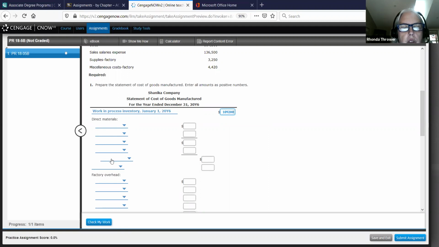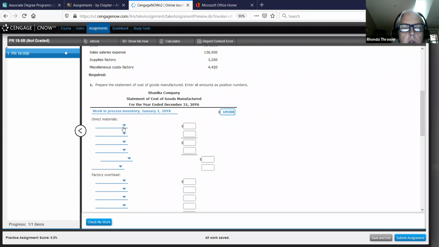The next section, this part right here, is going to help you to determine what you have used as far as materials are concerned. The ending part of the materials used is going to go in this middle column, the first block here. But to get to that, we have to go through the steps to find what the direct materials used are.